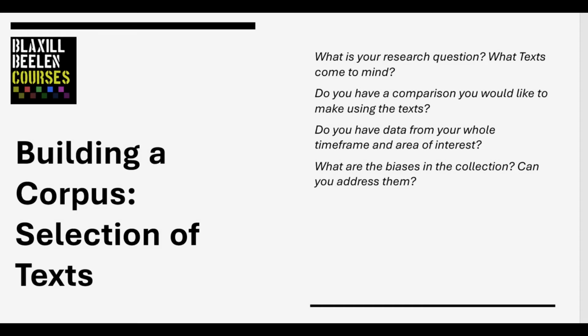Now, when we start thinking about building a corpus for textual analysis, the first stage is to think about the selection of texts. Now, unsurprisingly, the results that are harvested from any corpus will only be as good as the data that is put in to the corpus.